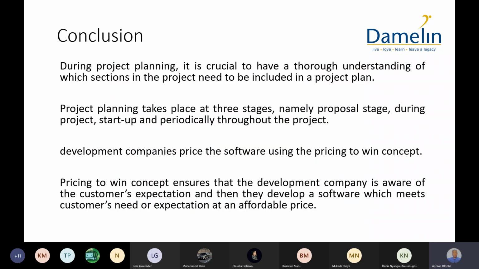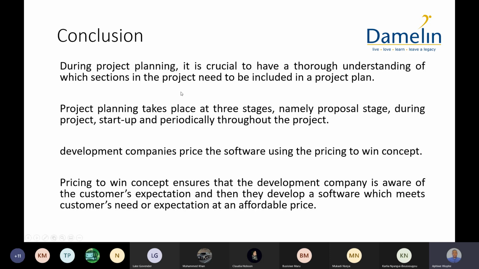So in conclusion, in this study unit we talked about project planning, which is crucial, so you need a thorough understanding of which sections need to be included in the project plan. We talked about the project plan document itself and the relevant sections that it covers: introduction, schedule, and people, the project structure, organization structure, and so forth.